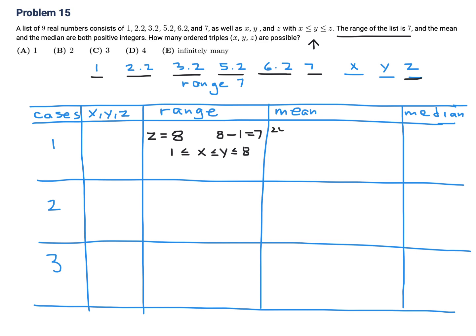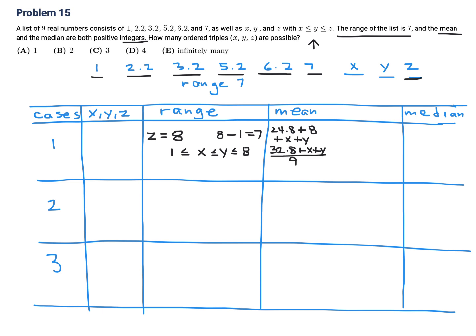And then plus the 8 for the z, and then plus the x plus the y. And what else are they saying? The mean is an integer. Okay, so this is basically 32.8 plus x plus y, divided by the total number, which is 9.